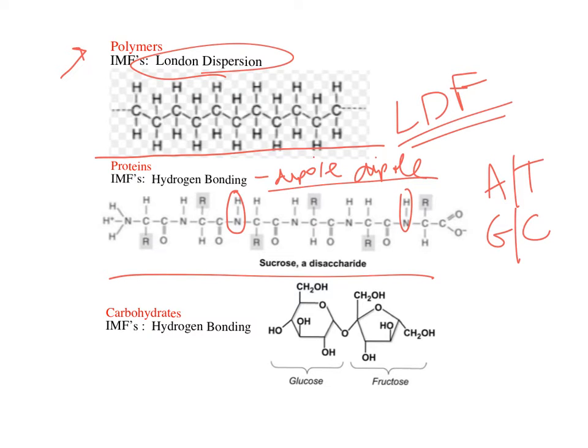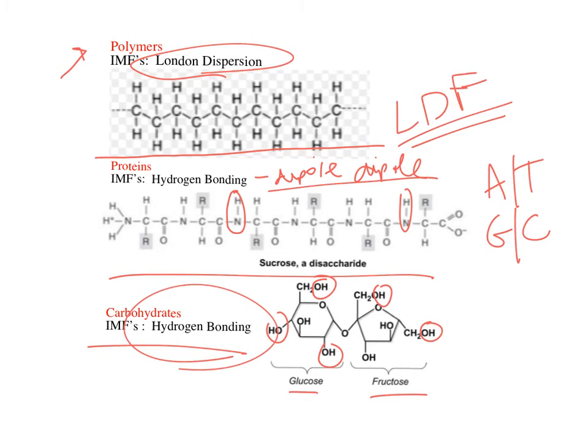And then this last one, these are glucose and fructose, and we make some disaccharides here. Sucrose is a mix of glucose and fructose. And you can see here that the actual functional groups that we find on the edges of these are all sorts of hydrogen bonding. So we know that most of our carbohydrates and our sugars are soluble in water, and that makes sense because they're polar and they have hydrogen bonding.